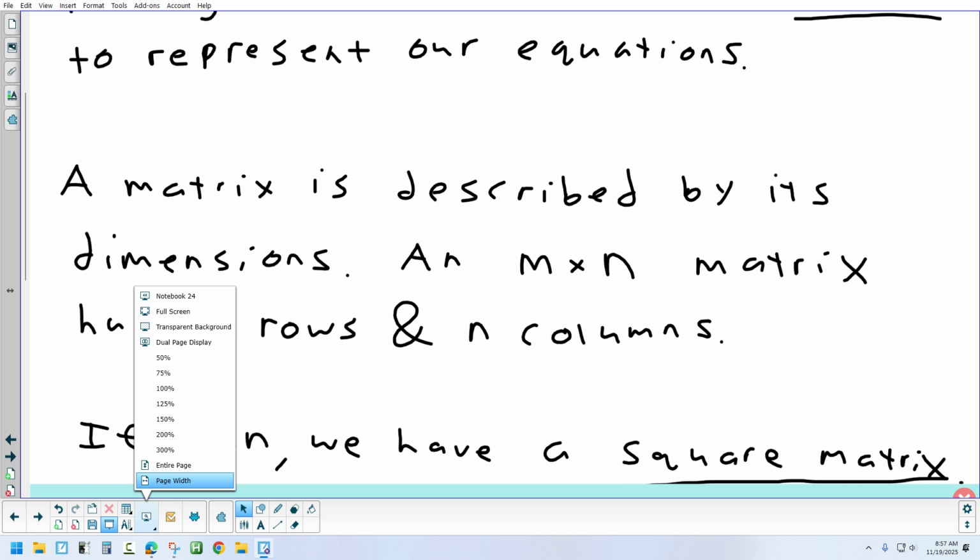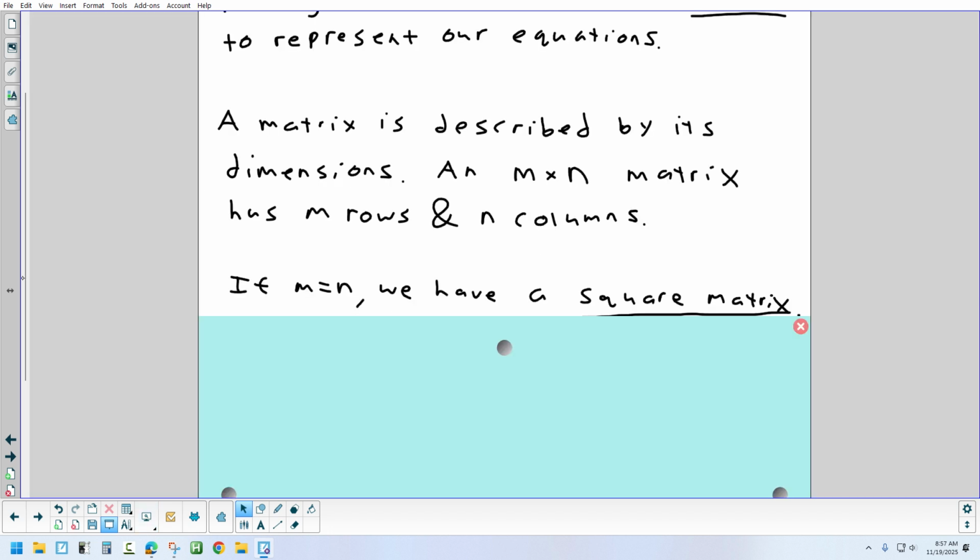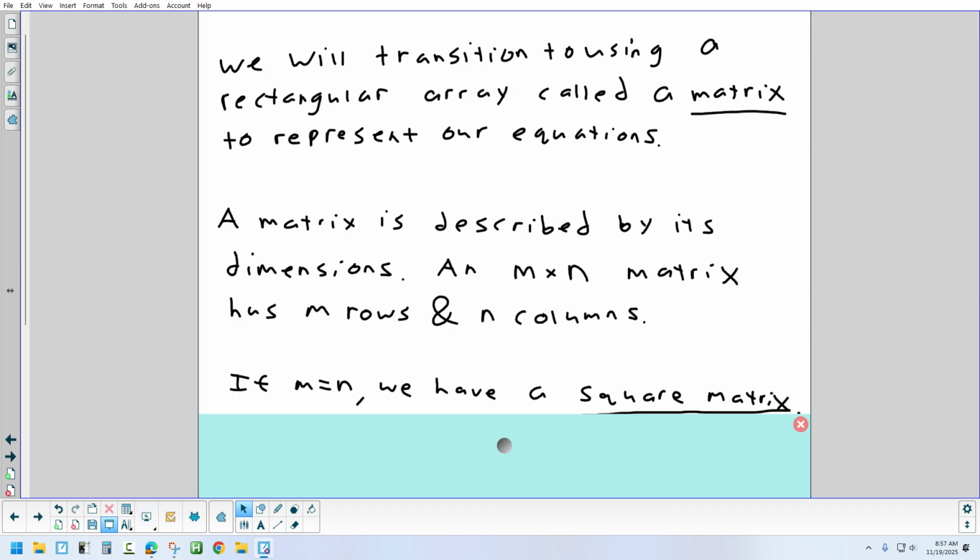If you have a matrix where the number of rows and the number of columns is exactly the same, that's called a square matrix. We'll be doing some work with square matrices. We'll see that come up.